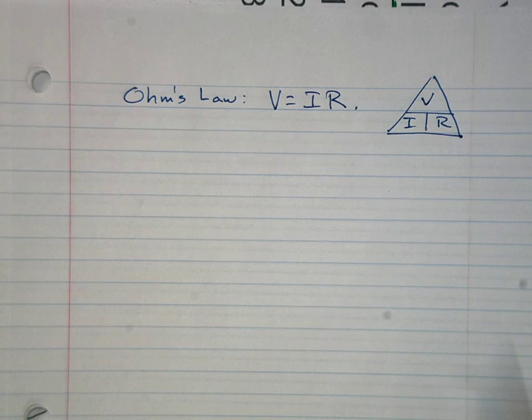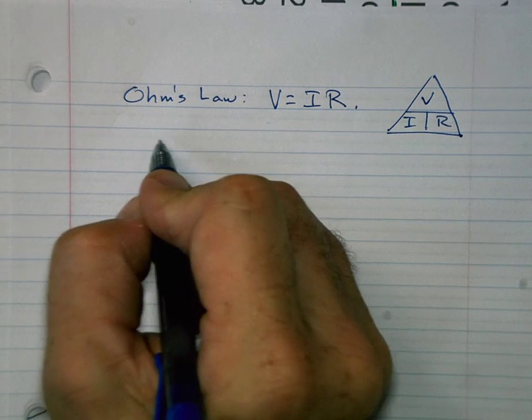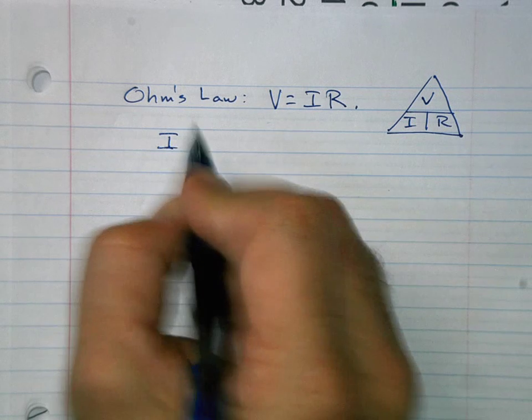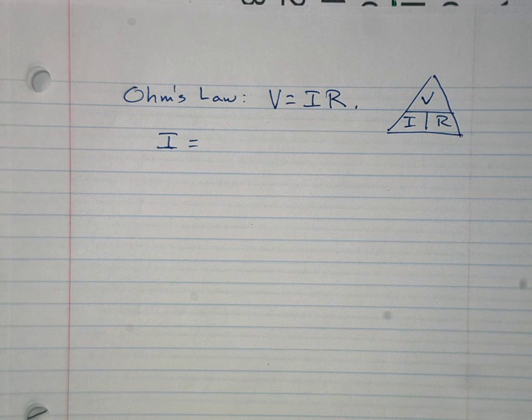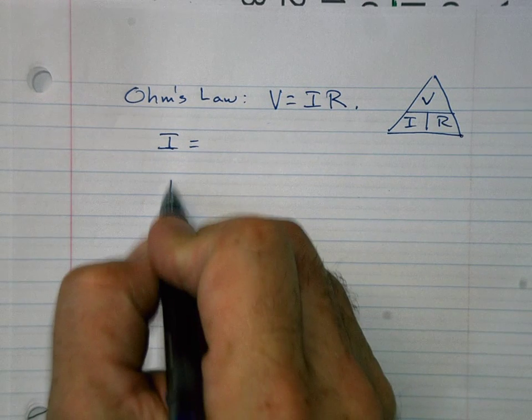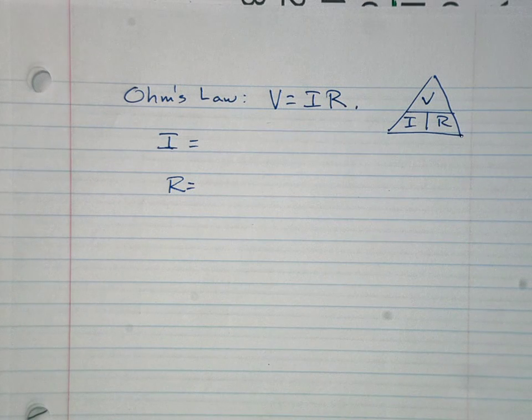So if V equals IR, what is I equal to? And what is resistance going to be equal to? I'll have you and your partners work that out, and I'll stop this here now.